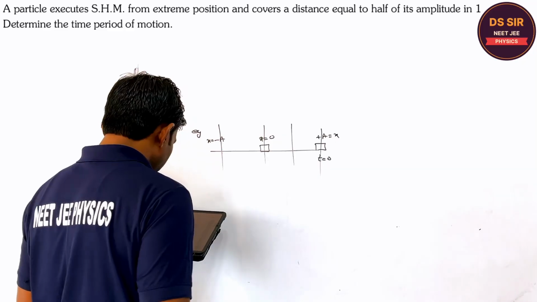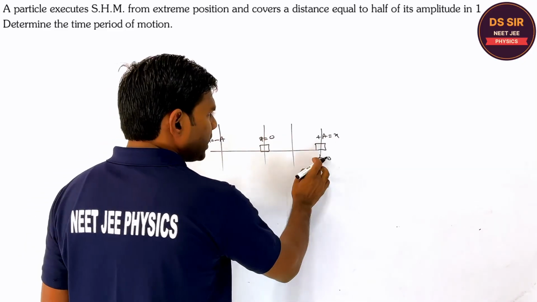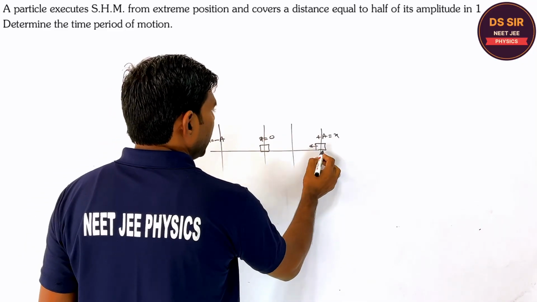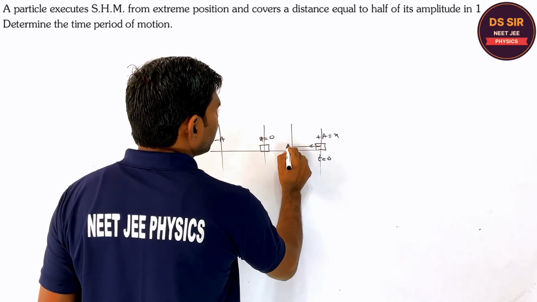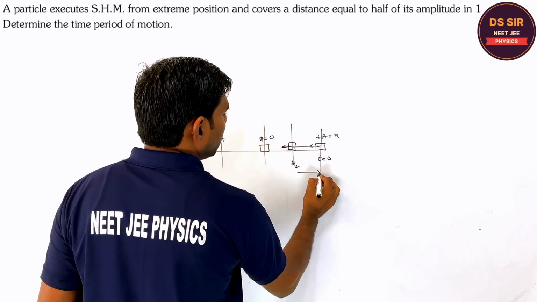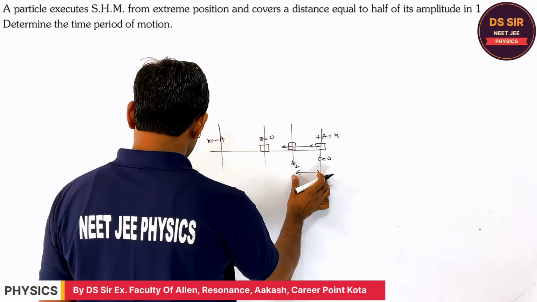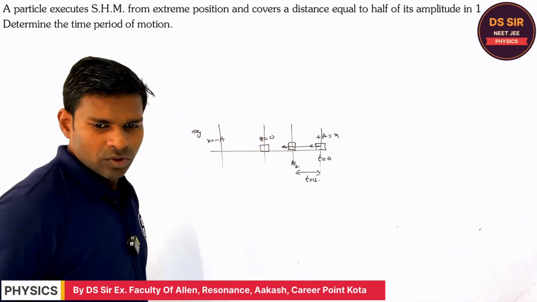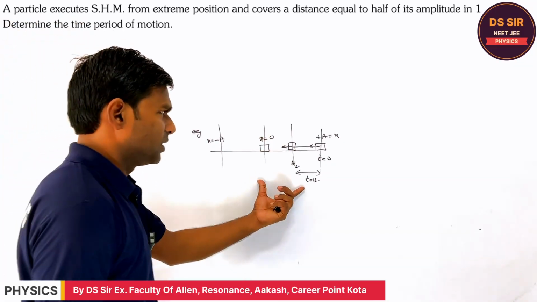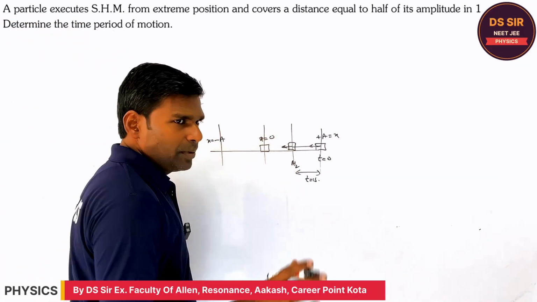So it starts from here and covers half of the amplitude, meaning the particle starts and reaches this point, and the total time taken is 1 second. Is it clear or not? All right, so listen one thing. This can be done in two ways.